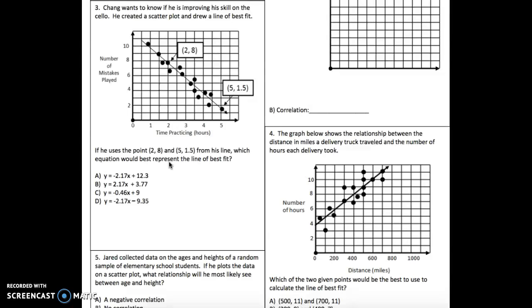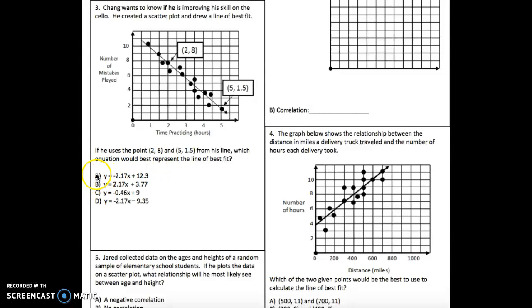So I'm going to do 8 minus 1.5, and I get 6.5, so that number's on top, over 2 minus 5. 2 minus 5 is negative 3. So 6.5 over negative 3 is negative 2.17.